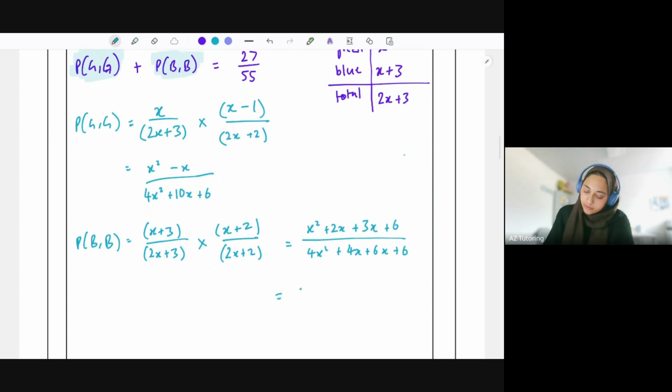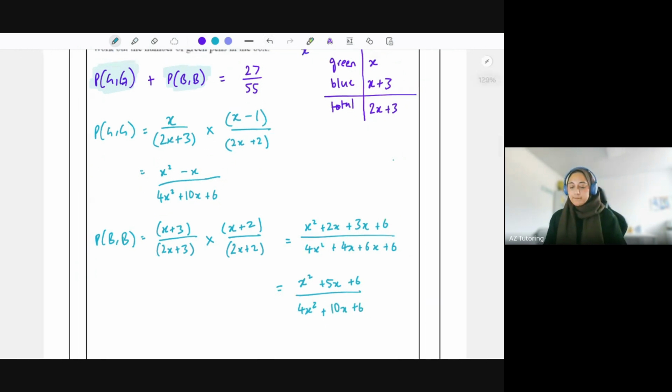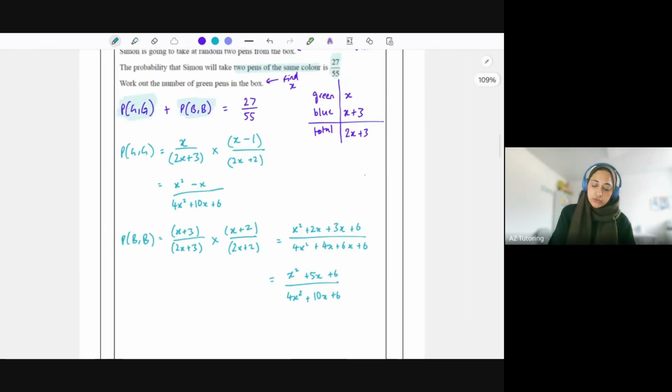Let's simplify the top and bottom. On the top, we get x squared. Combining these two together, 2x add 3x is 5x, plus 6 over, on the bottom, 4x squared, plus 10x, plus 6. Okay, so we found the probability of blue, blue now as well.